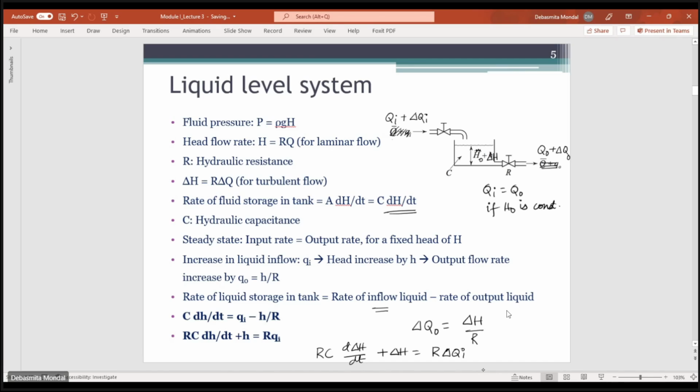So here also you can see that you can model this liquid level system in terms of a first order differential equation.